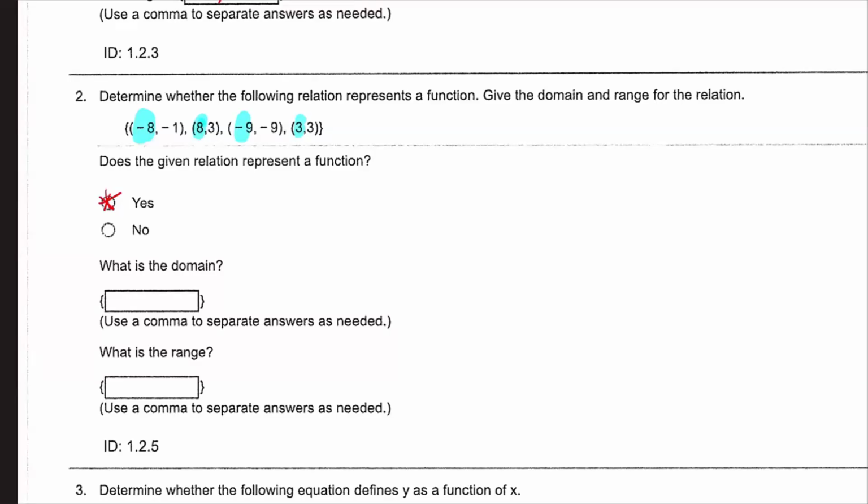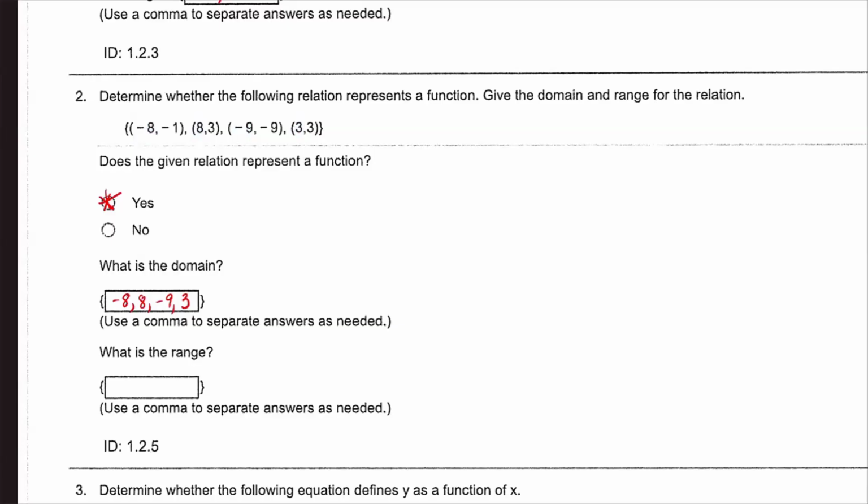The domain would be the set of all the x values. So that would be -8, 8, -9, and 3. And then the range would be the set of all y values.